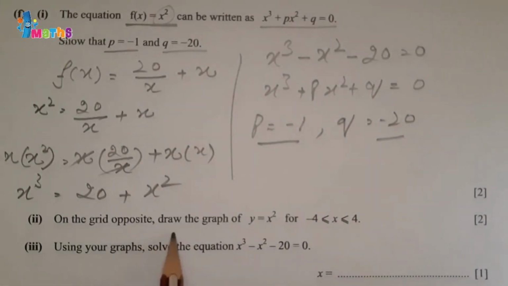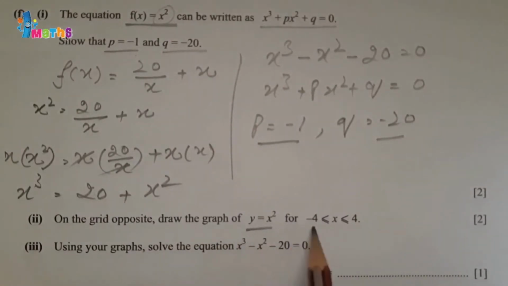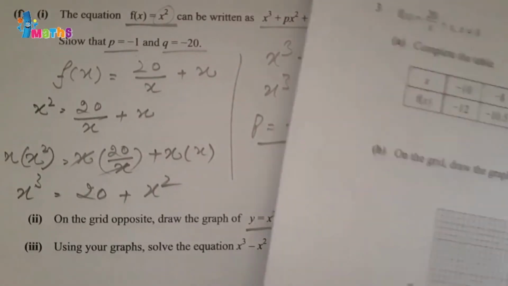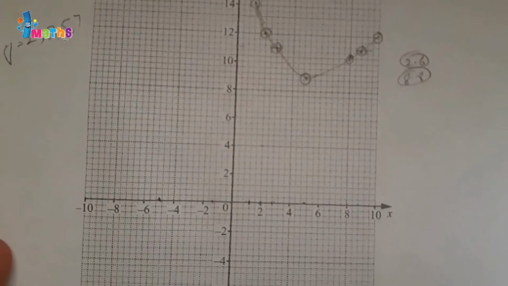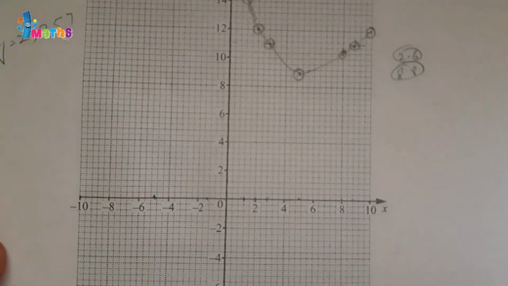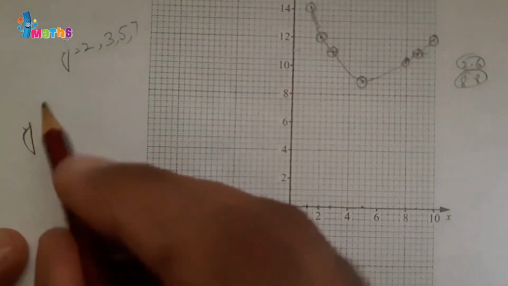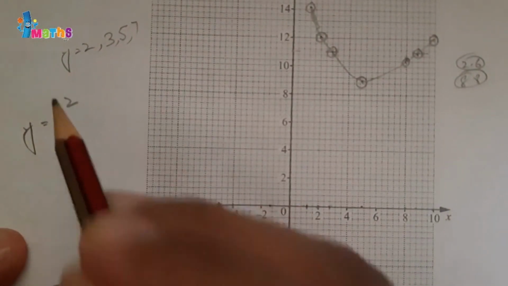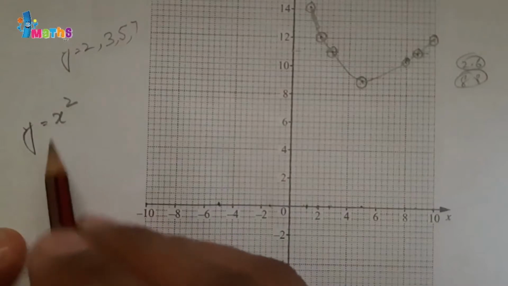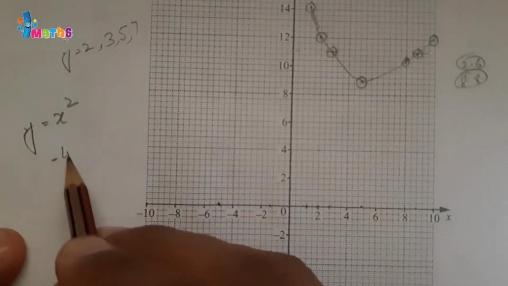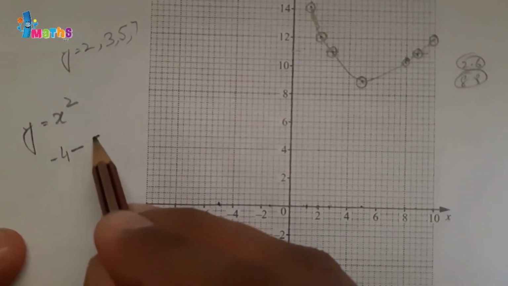Now on the grid opposite, draw the graph of y is equal to x square for this range, which is minus 4 to 4. We have to draw the graph of y is equal to x square. If we take values we have to take minus 4 to plus 4.